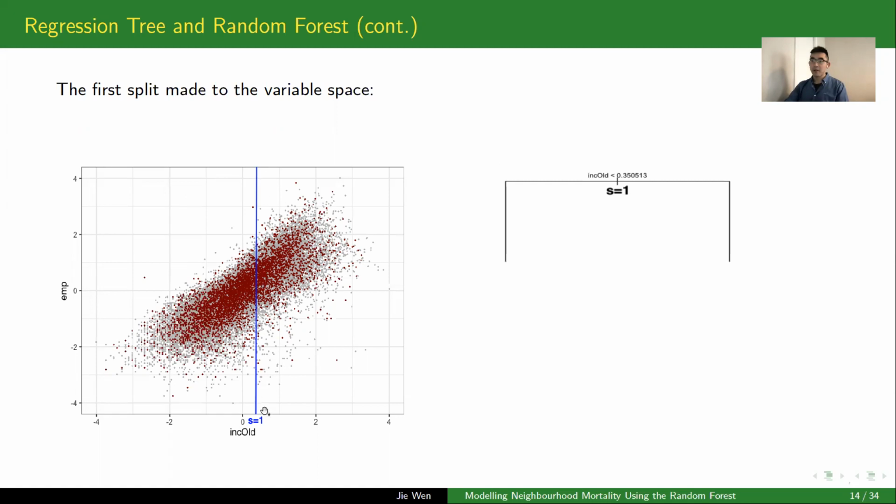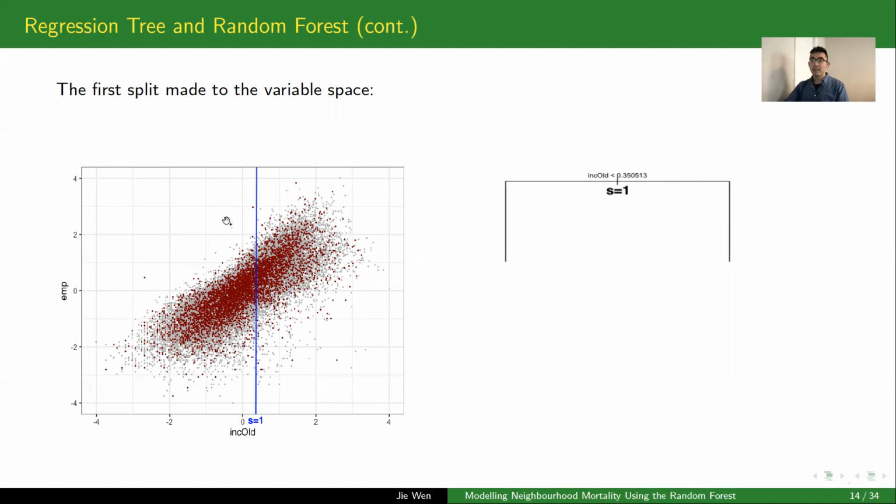The criterion is whether every RSO has an inc old score smaller than 0.35 or bigger than 0.35. Those having inc old smaller than this boundary are classified into this region, and the others are classified into that region. At this stage, we actually have an estimate of relative risk for every RSO, which is quite simple.